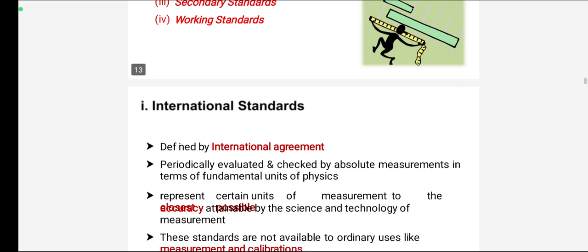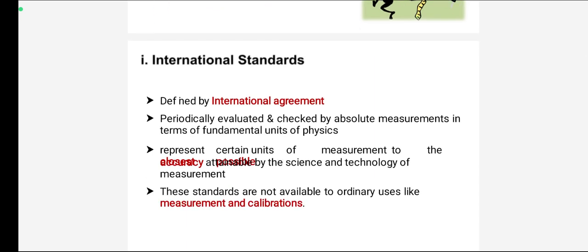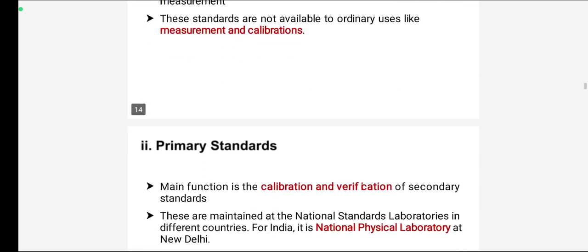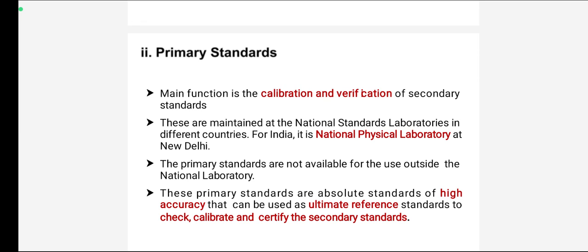International standards are defined by international agreement, periodically evaluated and checked by absolute measurements in terms of fundamental units of physics. And primary standards: the main function is the calibration and verification of secondary standards. These are maintained at the national standards laboratories in different countries.